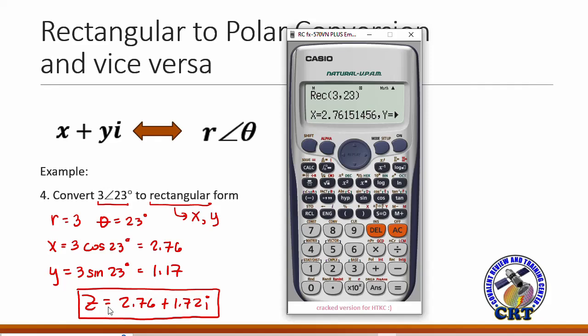So just like our answer using the formula, x is 2.76. Then press the right arrow in your calculator to show the value for y. Y here is 1.7219 and so on. Our answer from our solution, 1.72. Okay, so this is our answer using formula and calculator function.